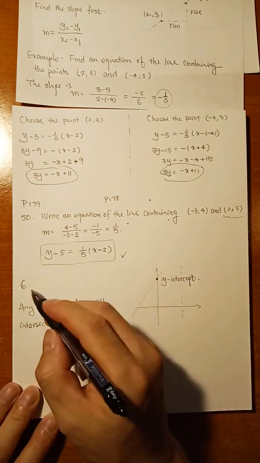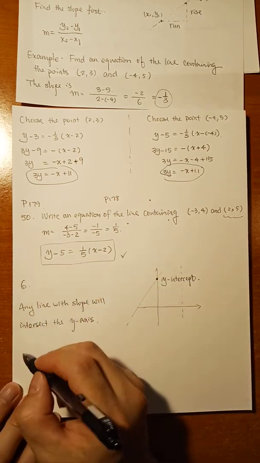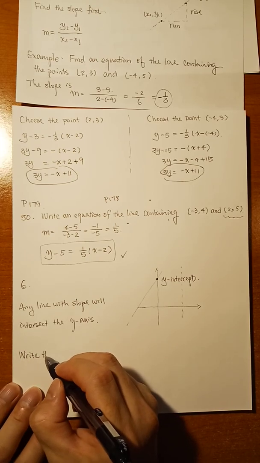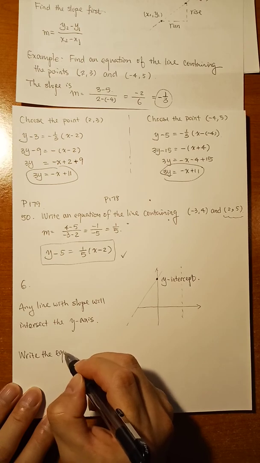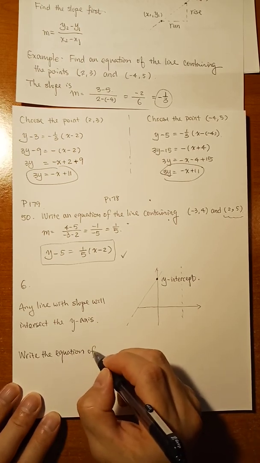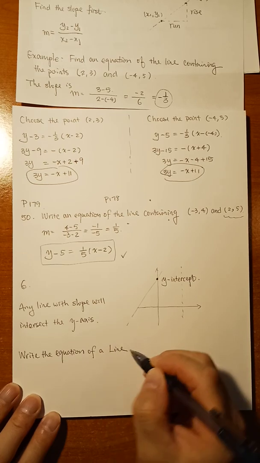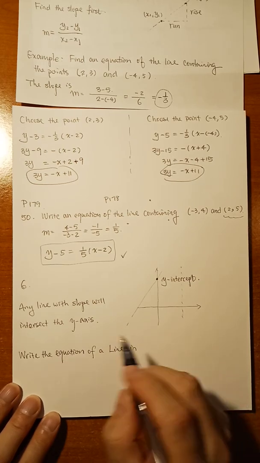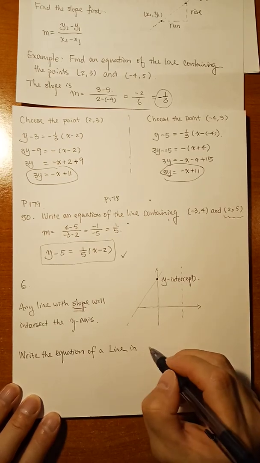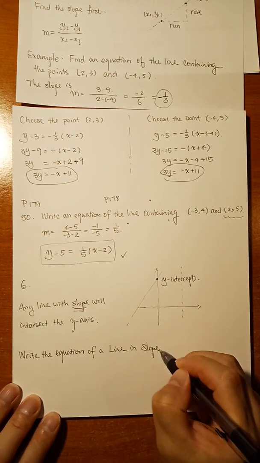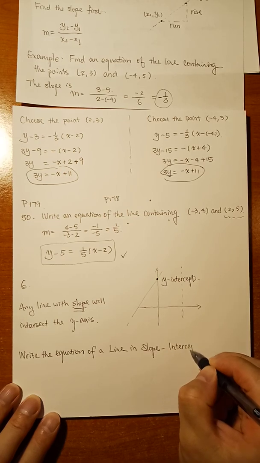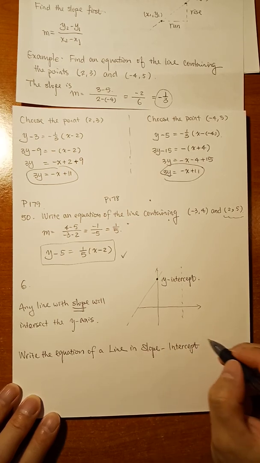So part 6, we're going to write the equation of a line in slope intercept form, assuming you know the slope and the y-intercept. Here this intercept means y-intercept.